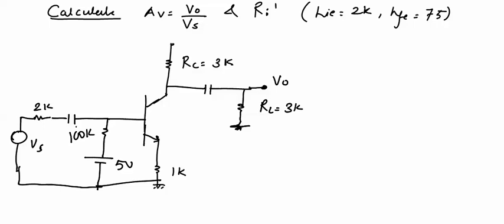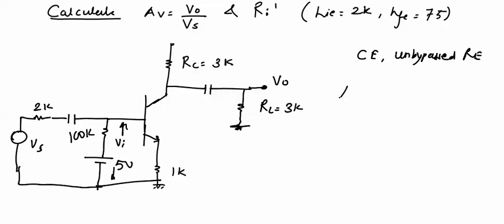Now from the circuit it is clearly seen that it is a common emitter amplifier with unbypassed RE. Bypass capacitor is not used, unbypassed RE. In this unbypassed RE amplifier, this voltage is Vi and this voltage is V0. The relation between Vi and V0 we already know.